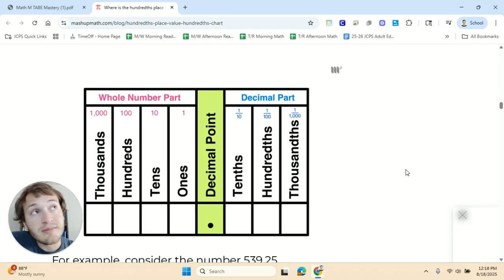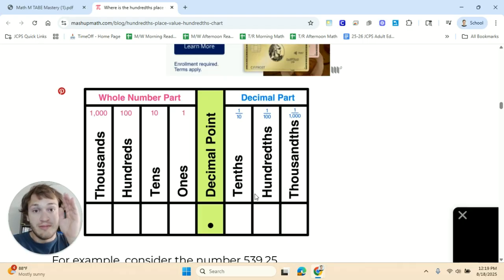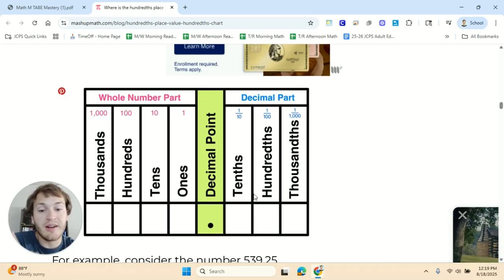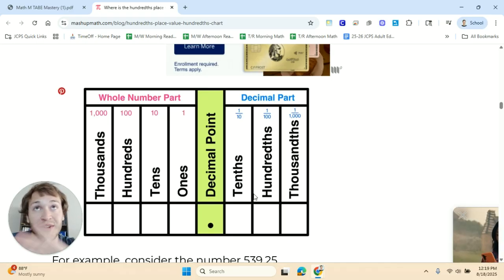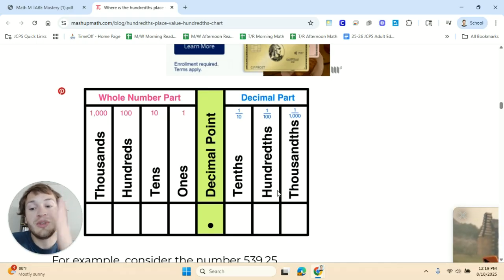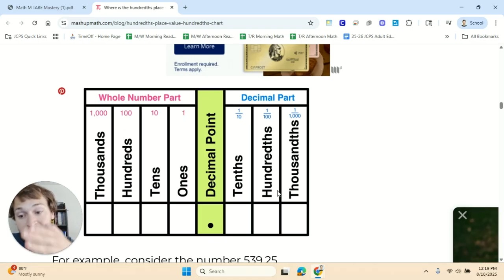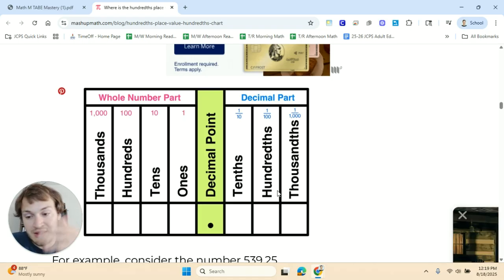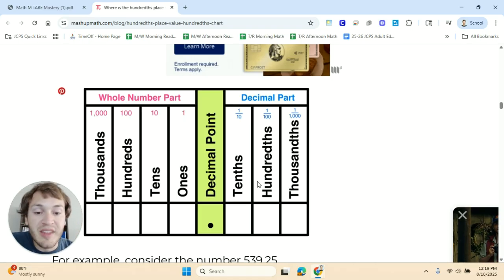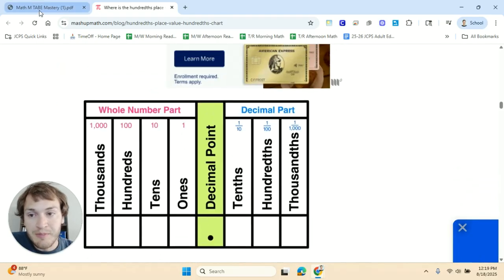Our whole numbers, which means all of our digits to the left of the decimal point, go ones, tens, hundreds, thousands, ten-thousands, hundred-thousands, millions. Our place values to the right of the decimal point go tenths, hundredths, thousandths, ten-thousandths, hundred-thousandths, millionths, right? Cool.